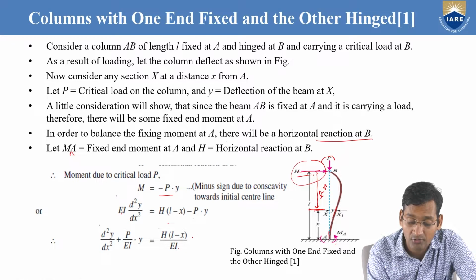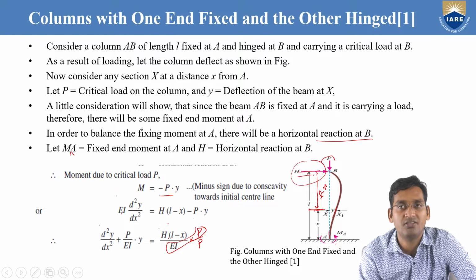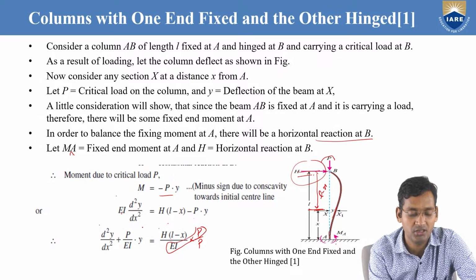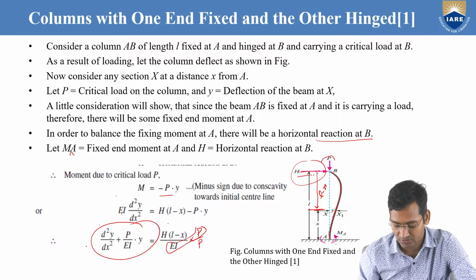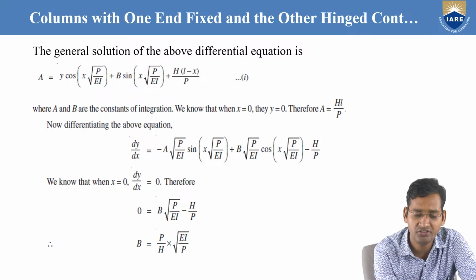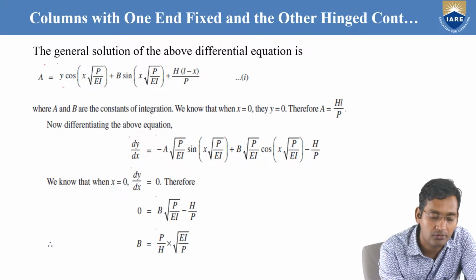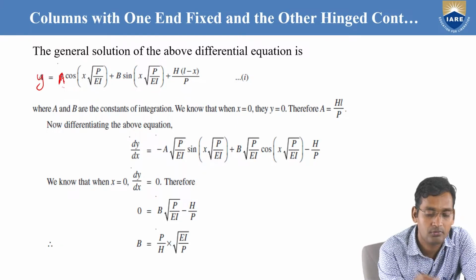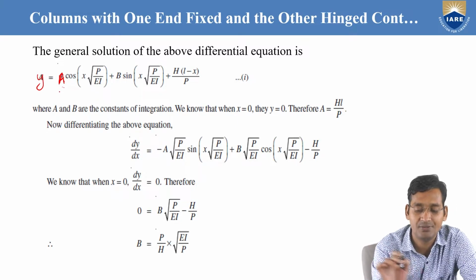Now P is not there, so we divide and multiply by P, so this P by EI is removed, and we have H into (L minus x) by P. The general solution, the remaining term, will be the same. Here this will be y and this is A, sorry, a mistake.